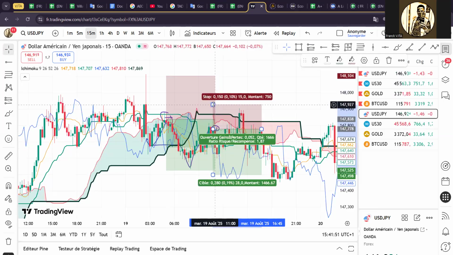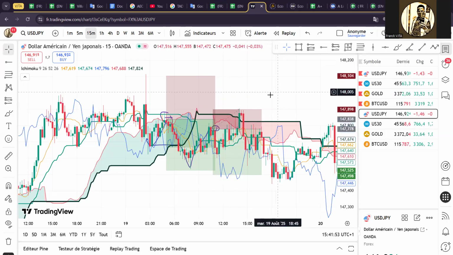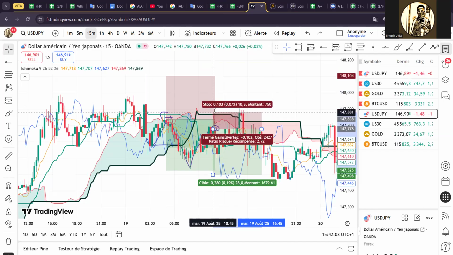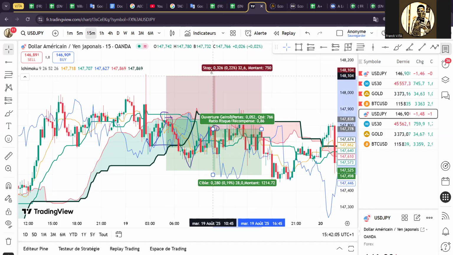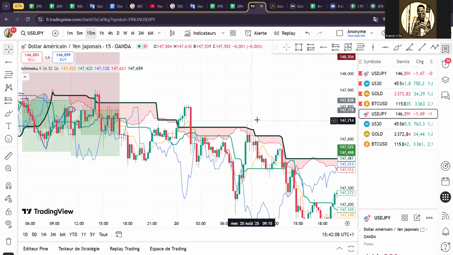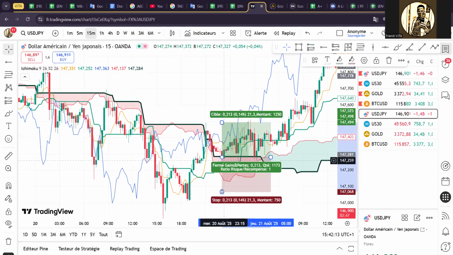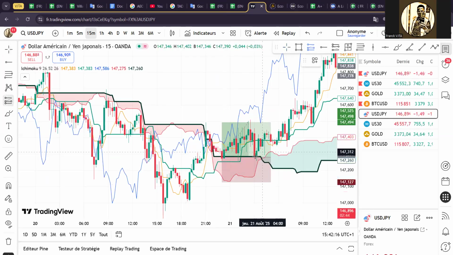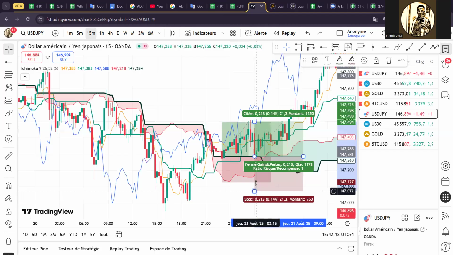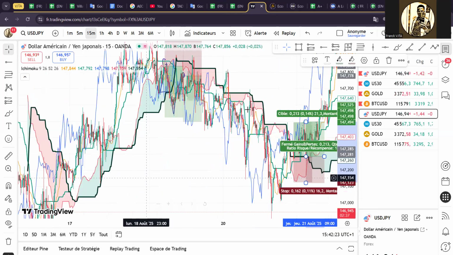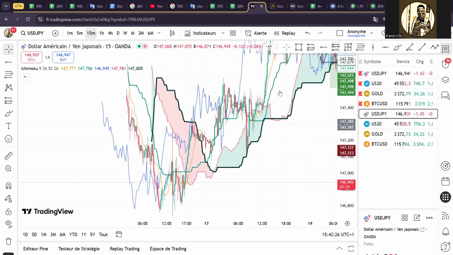Most of the time, I prefer to put the second position almost at the same place, because when you take the second position, you can have a huge retracement. The second position should literally have the same stop loss like the first one, because it almost happens sometimes at the same place.